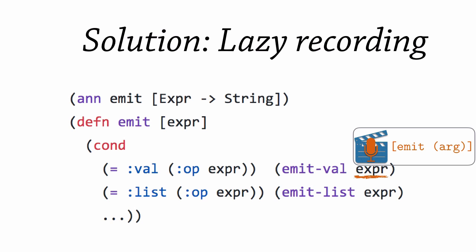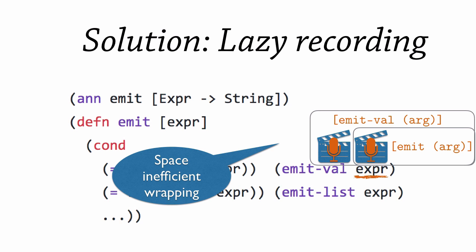Well, as before, emit val is also instrumented. So what emit val is going to do is wrap its argument in a lazy check. And what we're going to end up with is something more like this: a wrapper wrapping another wrapper.